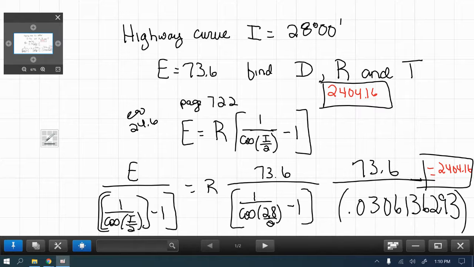It could be something similar to in your book, maybe like 24-3 where they gave you R and then told you it was a highway curve or a railroad curve and they wanted you to solve for D. Or it could be just something like 24-4.